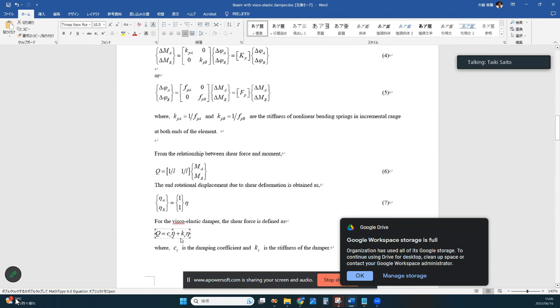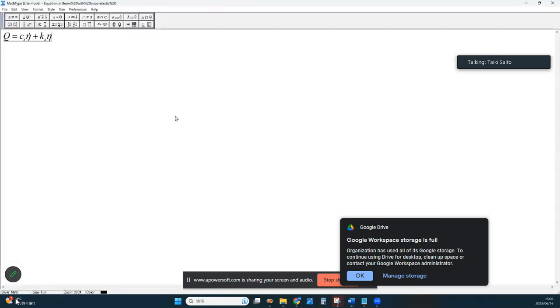And this viscoelastic damper, this velocity and deformation is a shear deformation. So I must divide by length, or we must multiply L. Yes, and maybe this is better. Okay, thank you.